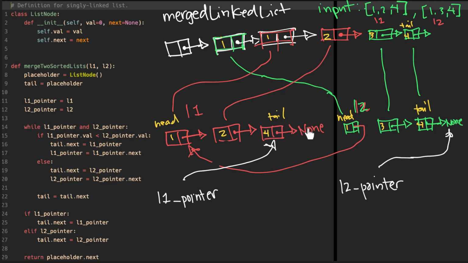And any subsequent object, so even if this went on for many more nodes, all of them would be added to the end of this merged linked list. Because since this L1 pointer is a reference to this object, and this object has its own next references, we'd essentially take this object and every subsequent object after it in the linked list by just setting tail.next equal to L1 pointer. So let's go ahead and write that.